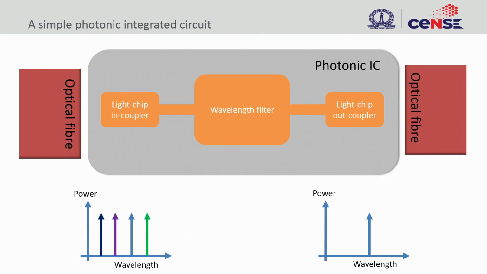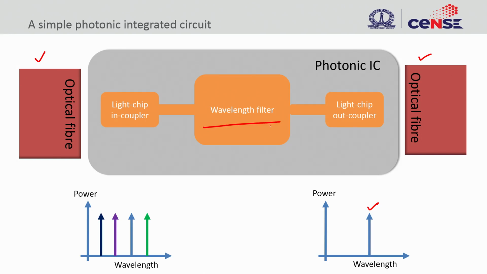So let us start with a very simple block diagram of how one can go about building a simple photonic integrated circuit. We have an input optical fiber and an output optical fiber. The input has 4 different wavelengths, but on the output side I just want to take only one. How do I achieve this? This is the question that we have. Obviously we need a wavelength filter.